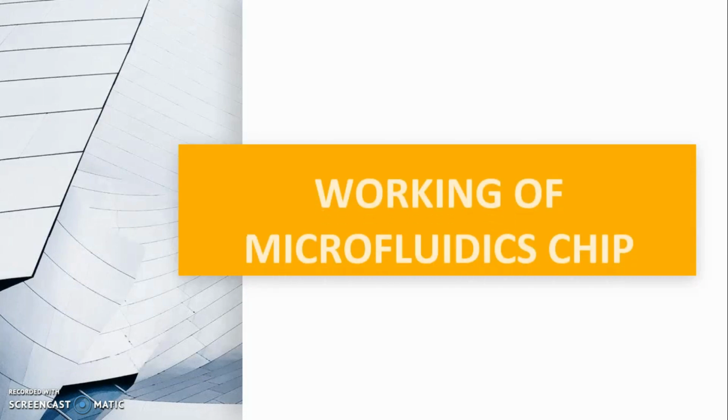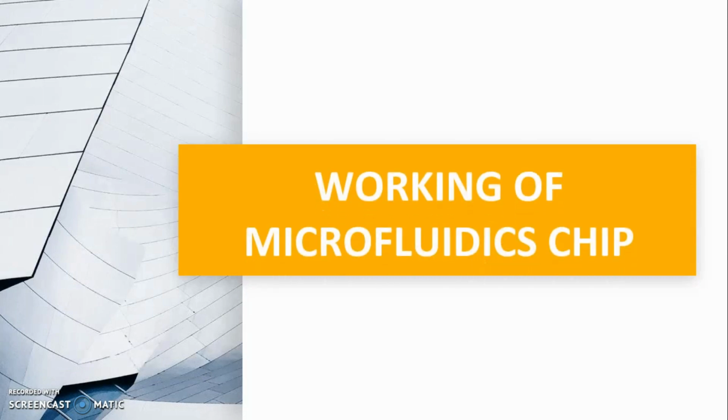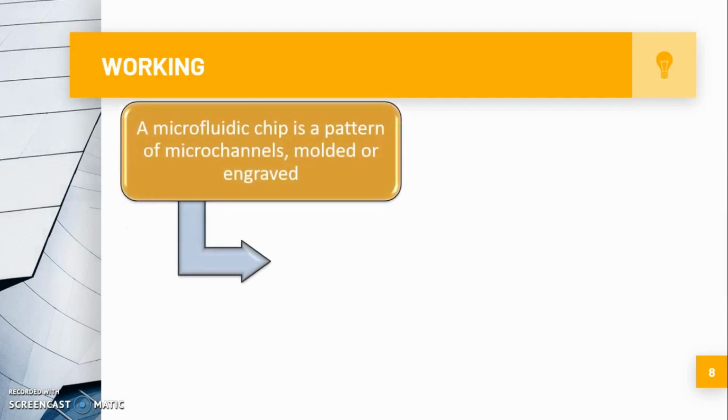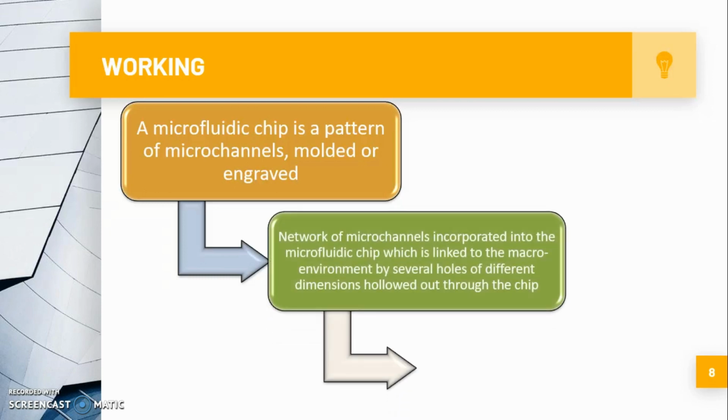Now let's talk about the working of a microfluidic chip. A microfluidic chip is a pattern of microchannels molded or engraved. This network of microchannels is incorporated into a microfluidic chip that is linked to the microenvironment by several holes of different dimensions hollowed out through the chip.